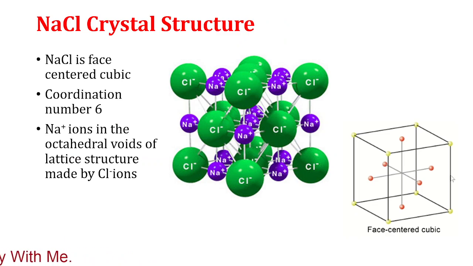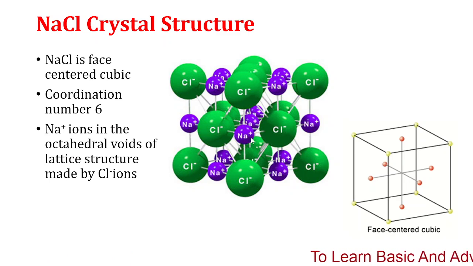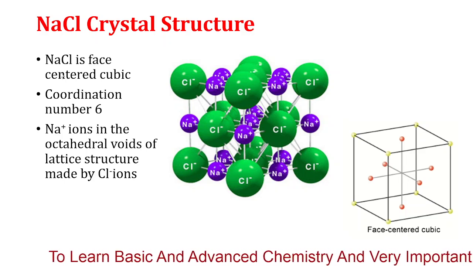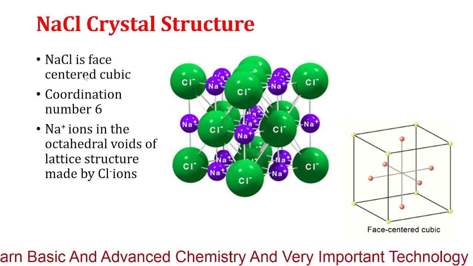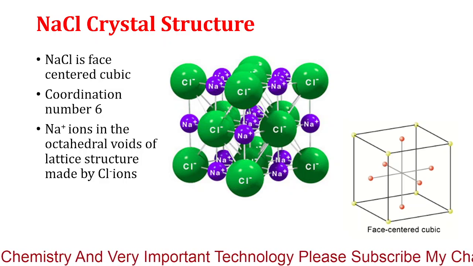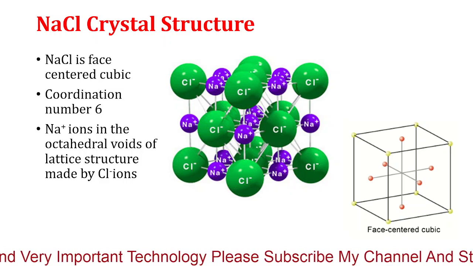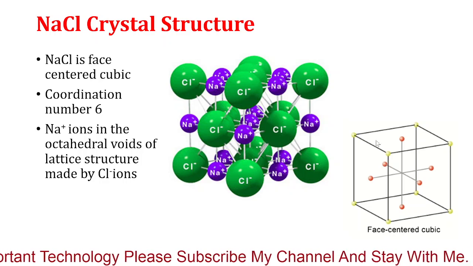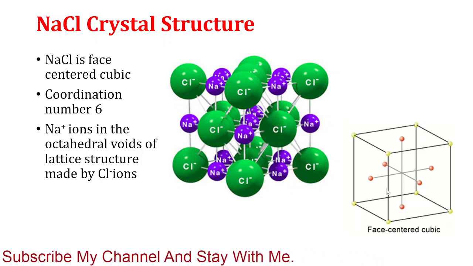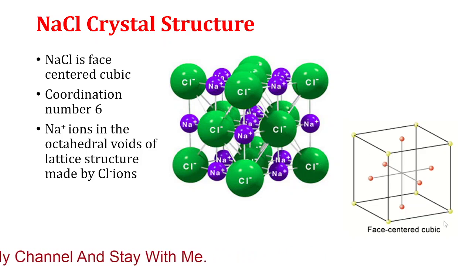Okay, now the sodium chloride structure. Sodium chloride is a face-centered cubic structure. This is our small sodium cation, and chlorine is a very large atom. For the face-centered cubic structure, we first have one type of atom at the 8 corners.